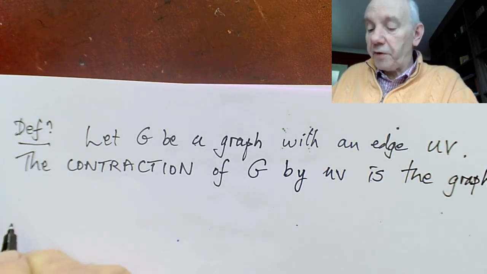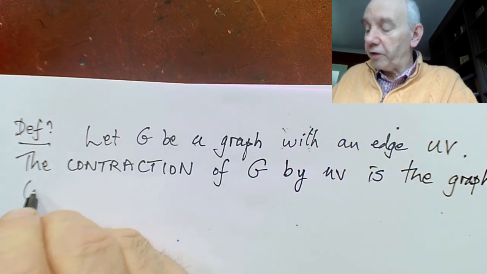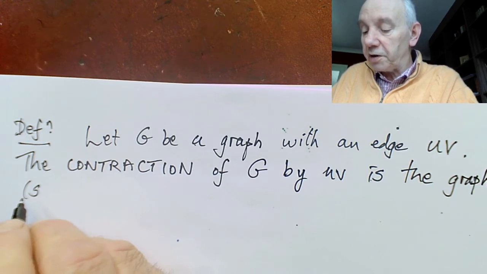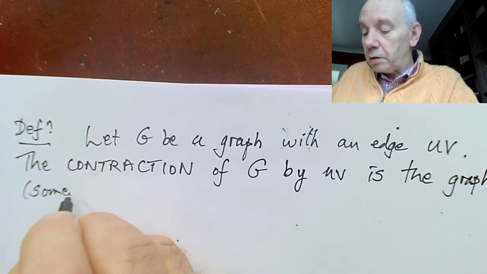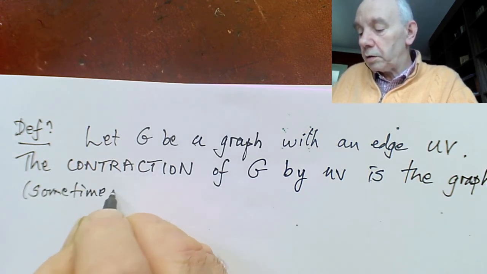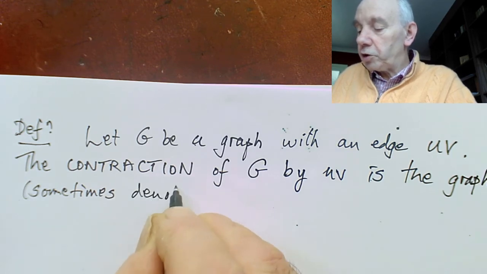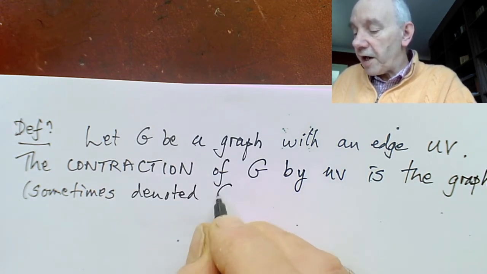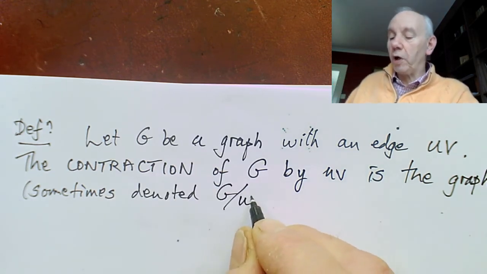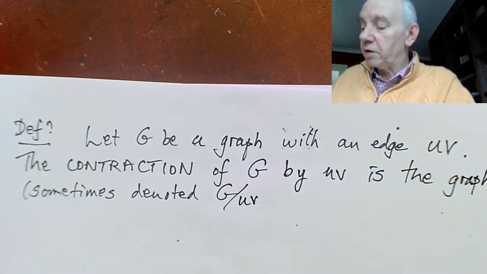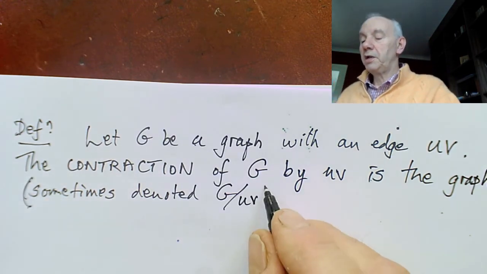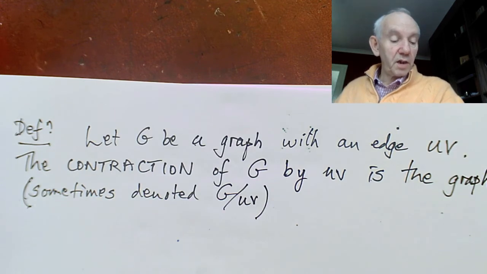sometimes denoted G slash the edge. It's a bit like some analog of quotient in other branches of mathematics.